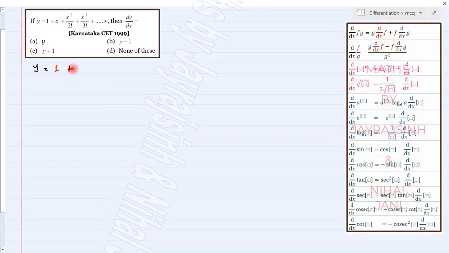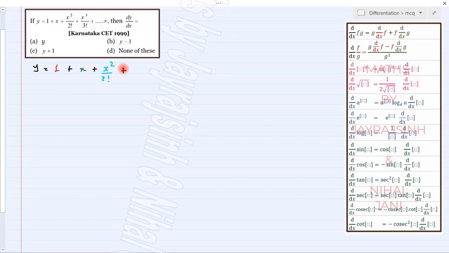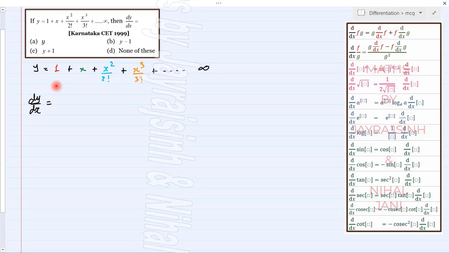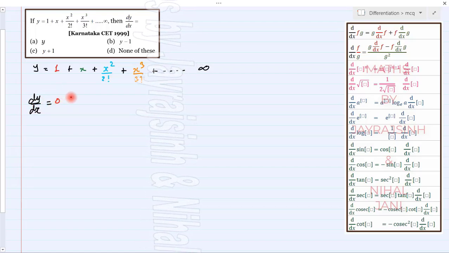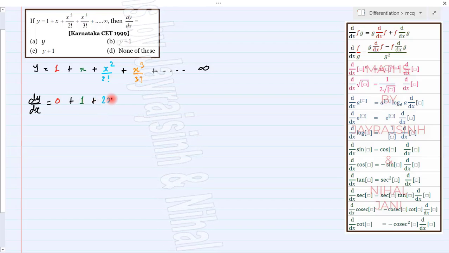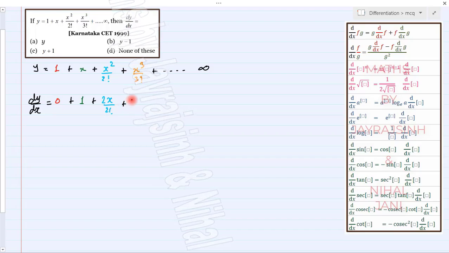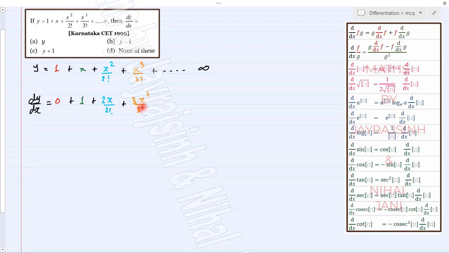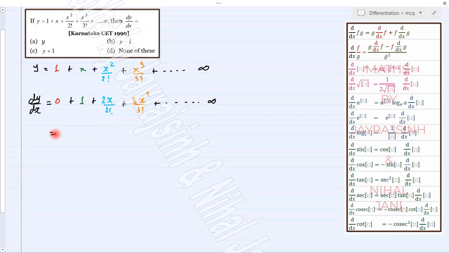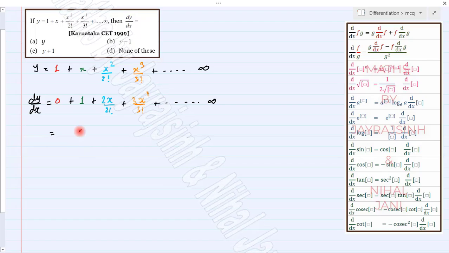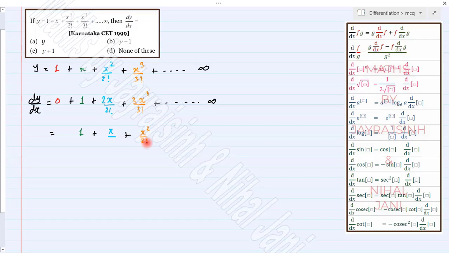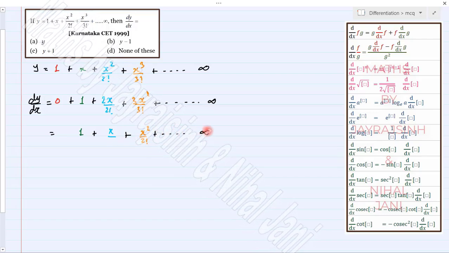If y is equal to 1 plus x plus x square by 2 factorial plus x cube by 3 factorial up to infinity, then dy by dx is equal to differentiation of 1 will be 0, differentiation of x will be 1, differentiation of x square by 2 factorial will be 2x upon 2 factorial plus 3x square by 3 factorial up to infinity, or we can say our series will become 1 plus x by 1 plus x square by 2 factorial up to infinity.